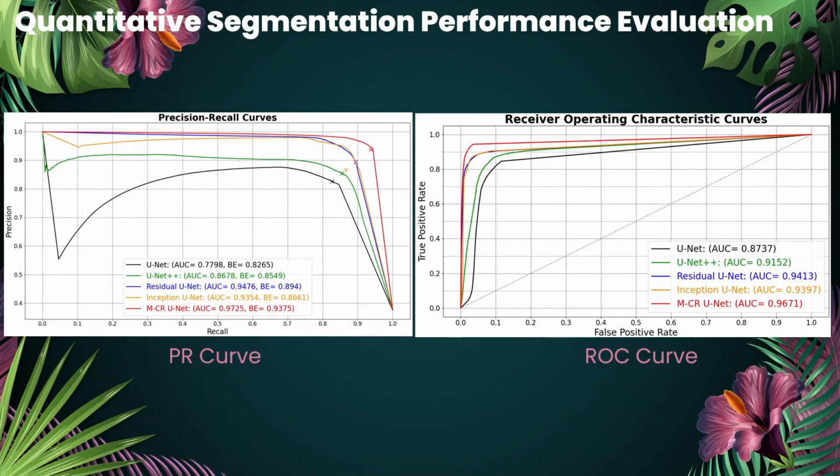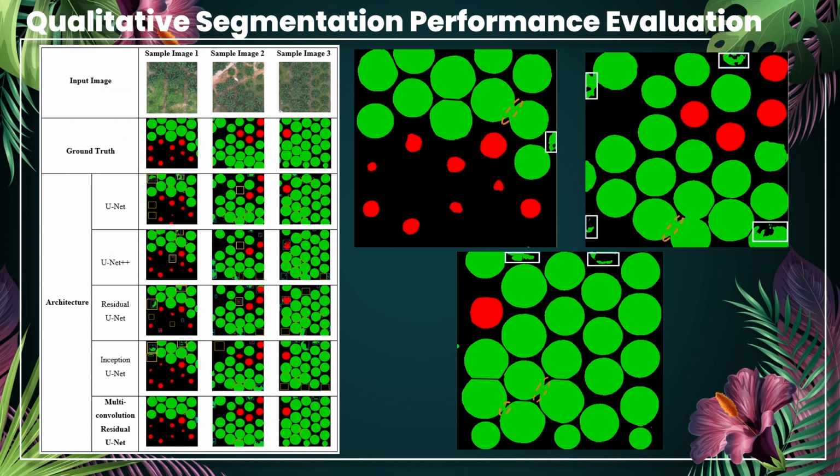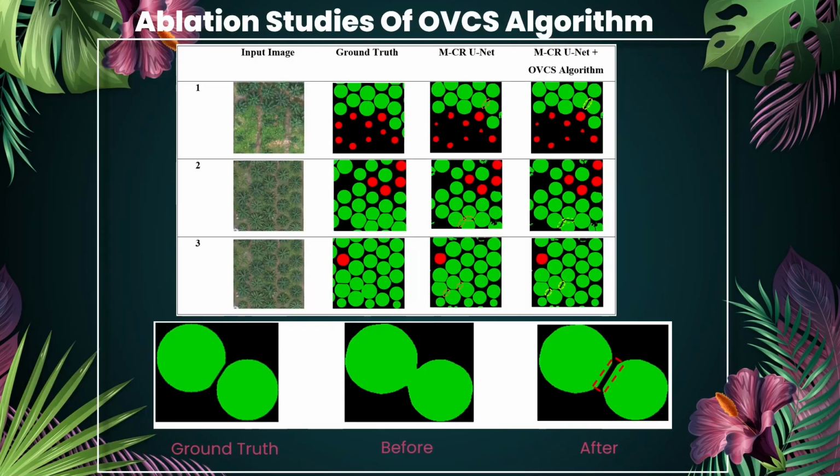And we ran tests on PR curve analysis and ROC curve analysis. The MCR unit shows the highest area under the curve and also the break-even value. And in terms of the qualitative evaluation, the MCR unit has the lowest overlap region and also the lowest unsegmented region as compared to the other U-Net family architectures.